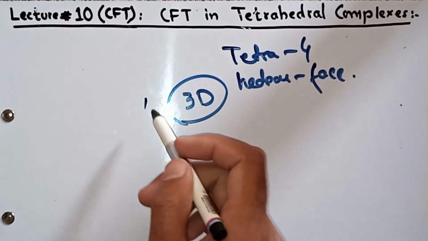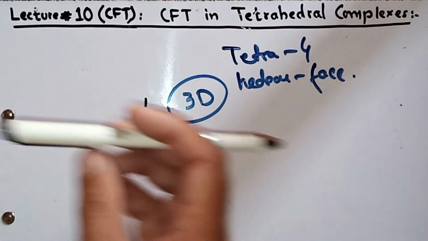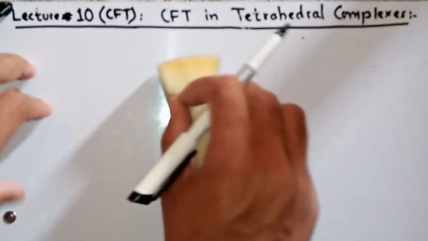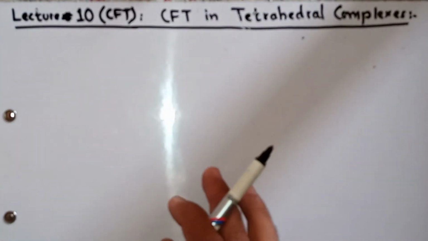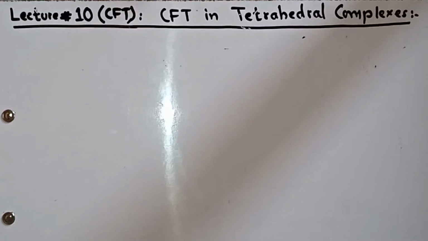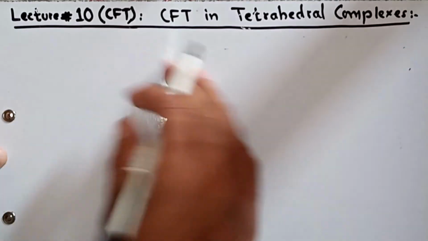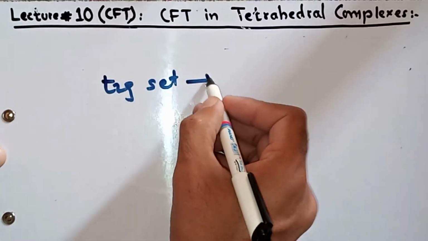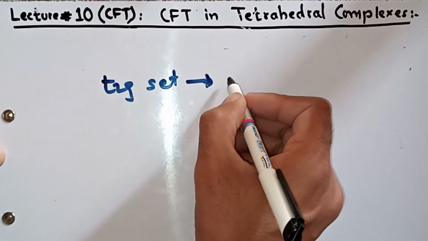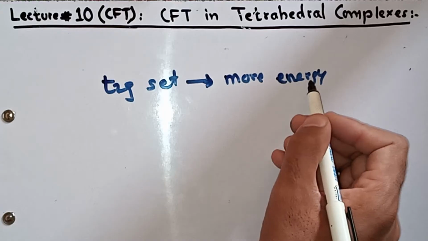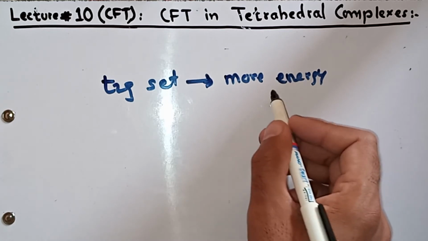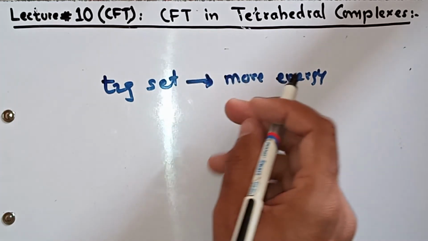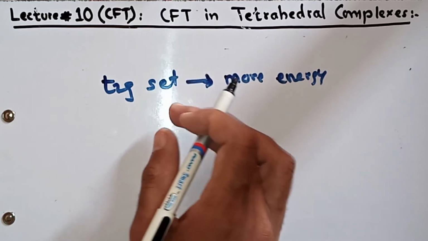Okay, let's start. As you see, the T2g sets will have more energy, because the orbitals of the T2g set have more interaction with ligands, because the ligands are approaching in between the axes.